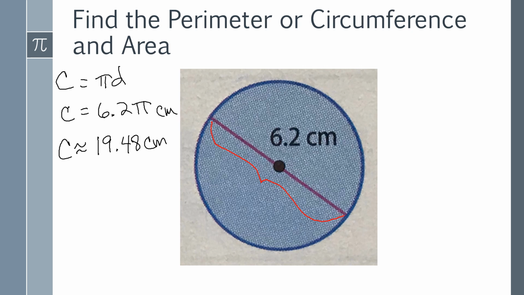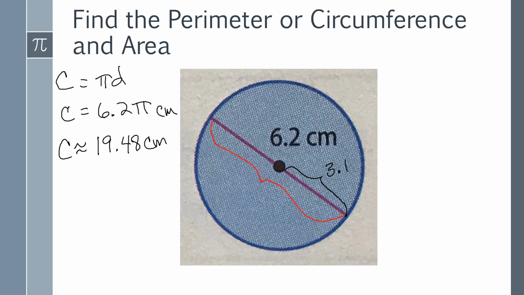Okay, now that we know that this is a diameter, we need to find this distance right here. So we divide it in half because it's each radius, the radii have to be equal. So 6.2 divided by 2 is equal to 3.1.